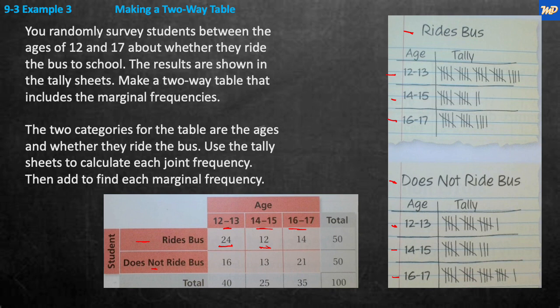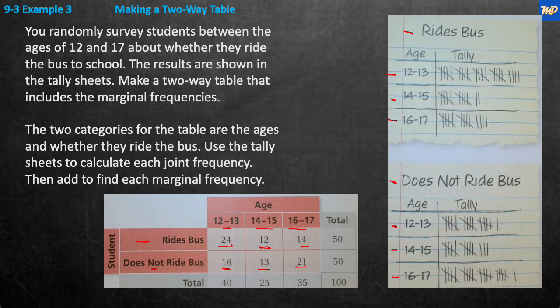Here it is, 14. And now we're going to go down to the don't ride the bus, or does not ride the bus. And we have 16, 12 to 13-year-olds. We have 13, 14 to 15-year-olds. And finally, 21, 16 and 17-year-olds that don't ride the bus.